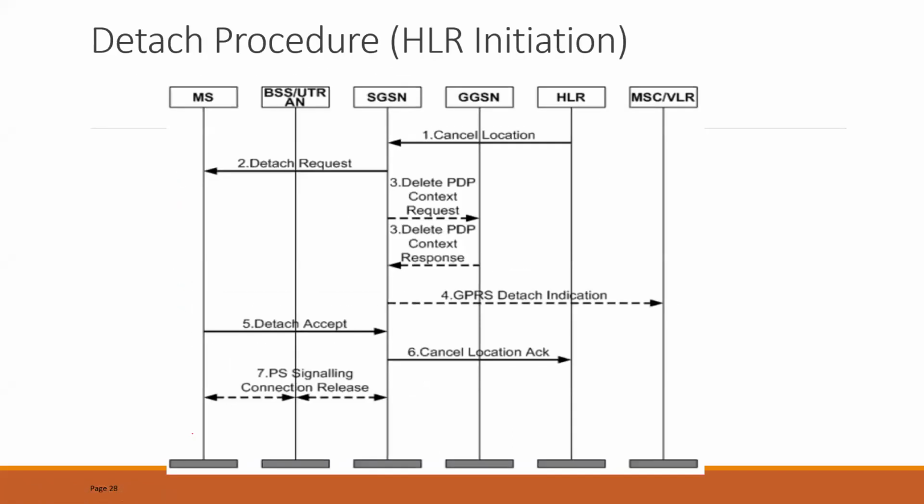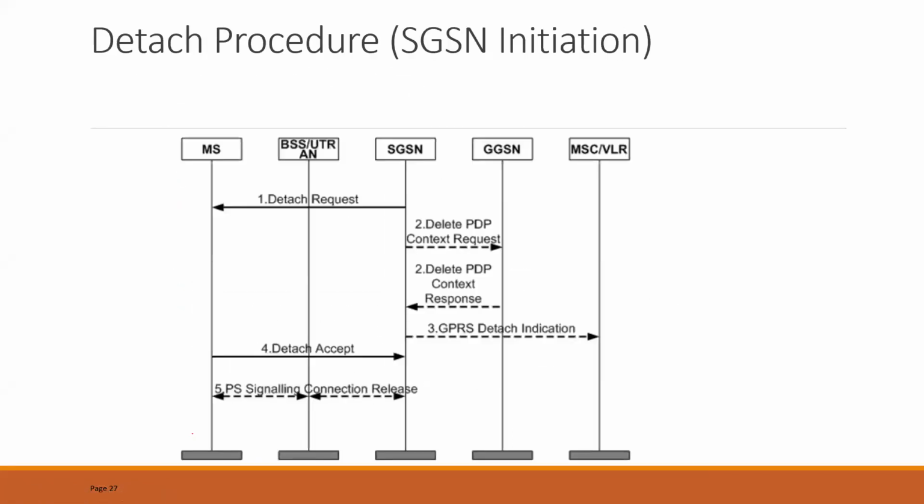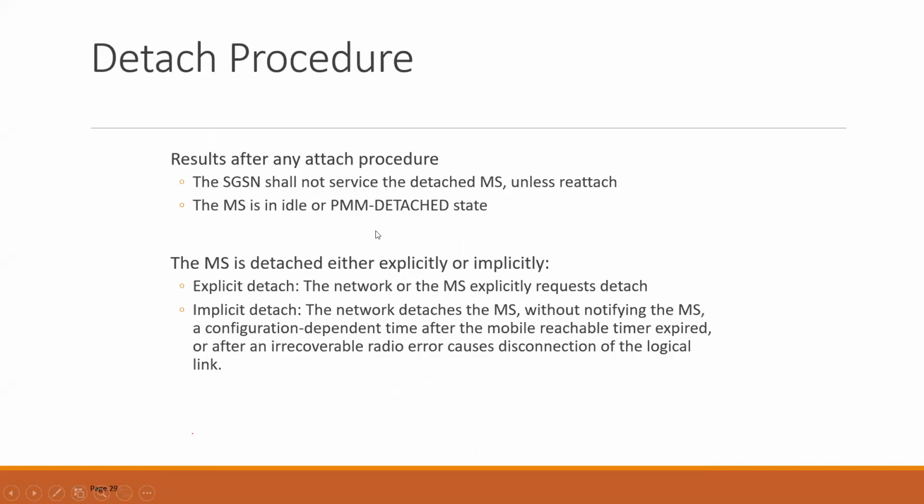So if the MSISDN sends a routing area update, that is going to be rejected, and then you have to perform a new attach request. So explicit means that it is detached in both the MSISDN as well as the network, and implicit is that it is only detached in the network and not in the MSISDN.